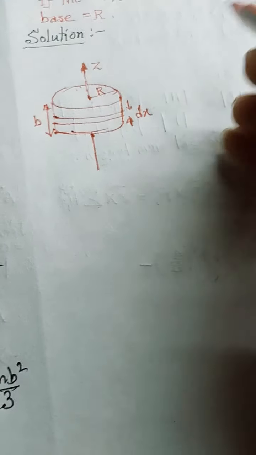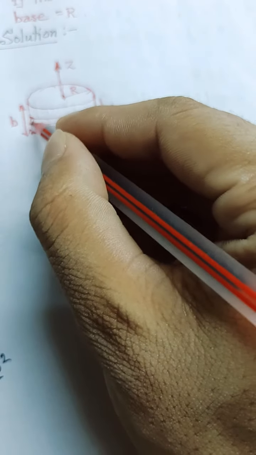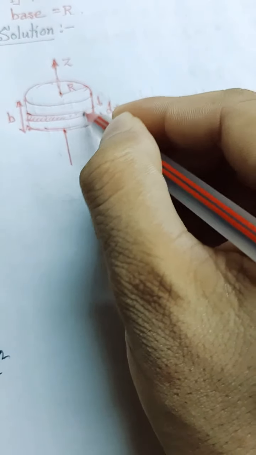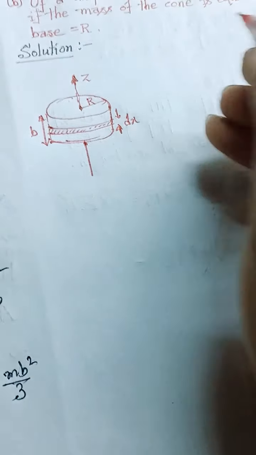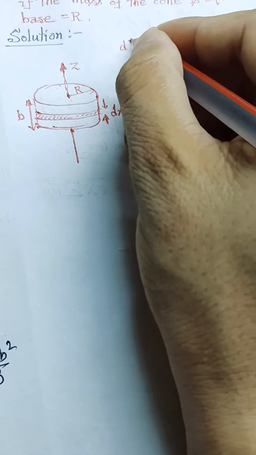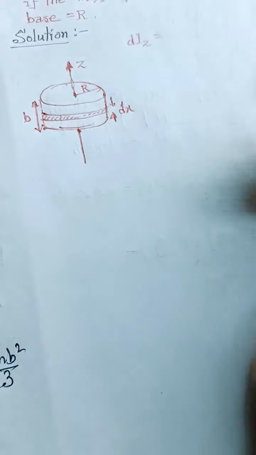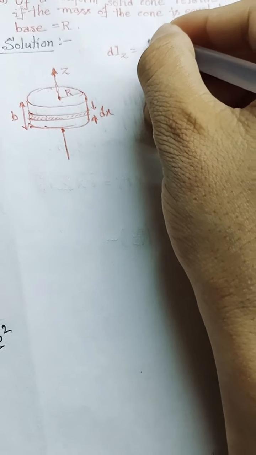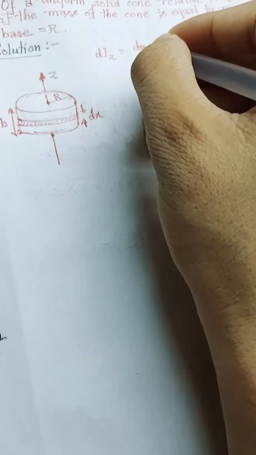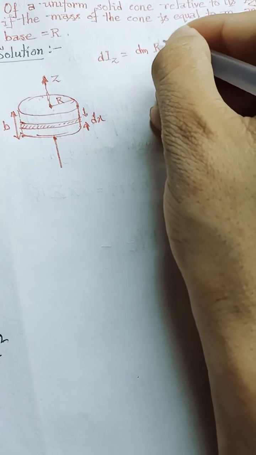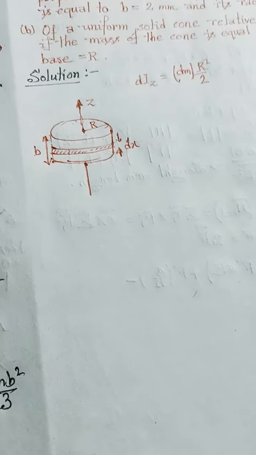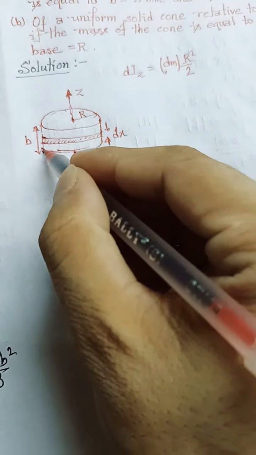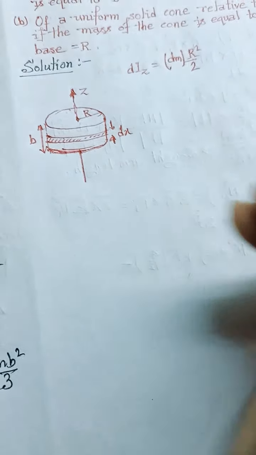Now the moment of inertia of this small segment will be dIz equal to dm into r square divided by 2, because this is a disc type element.